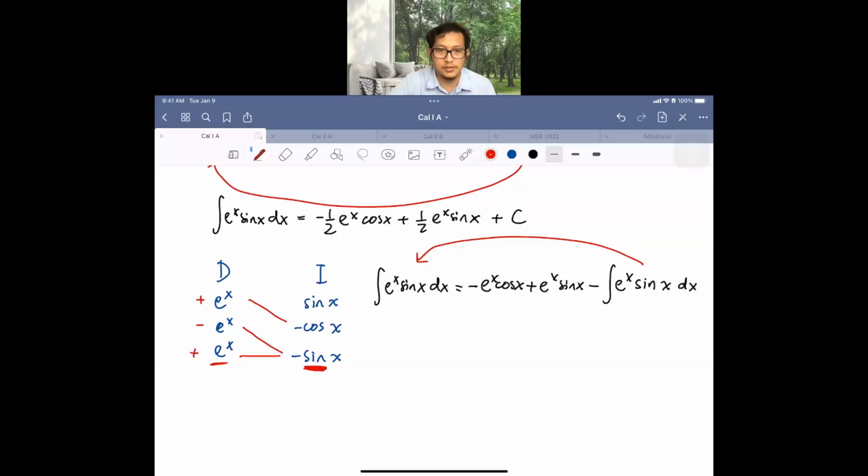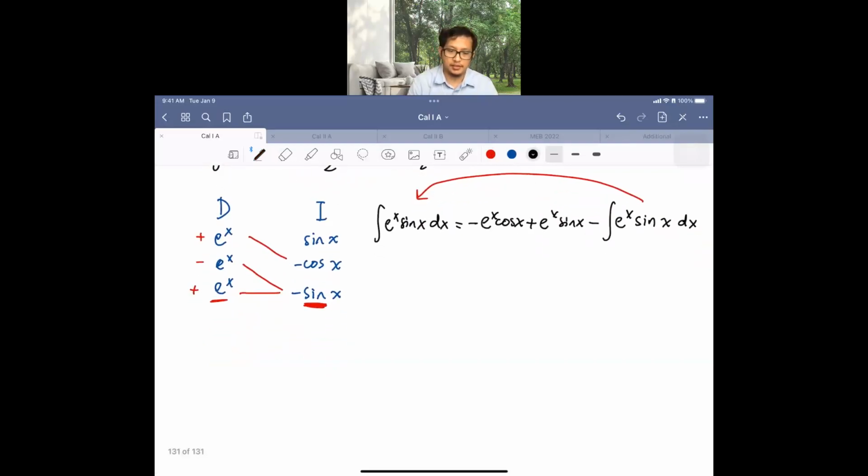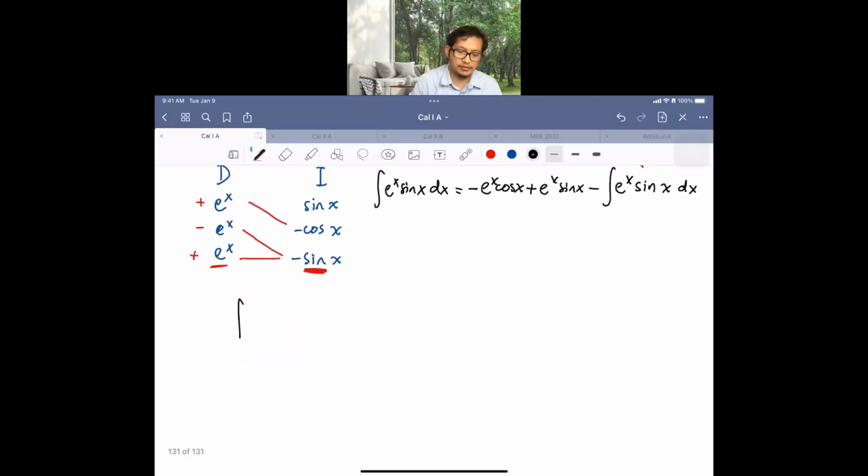Let me give you one more idea. What if I have the integral of tangent inverse x dx?